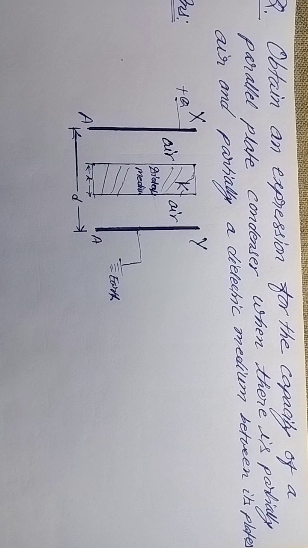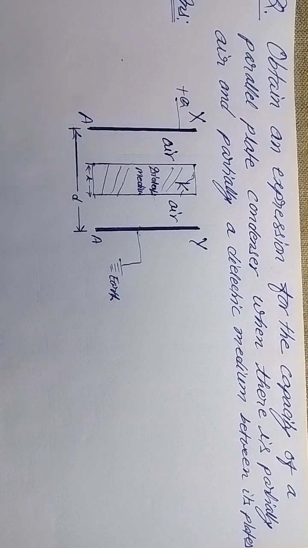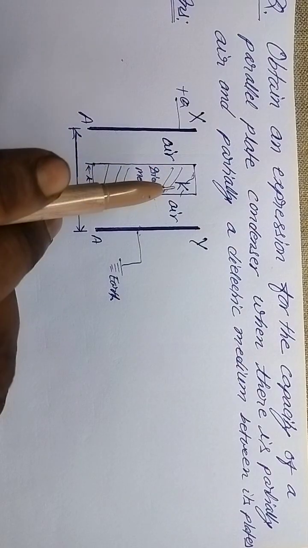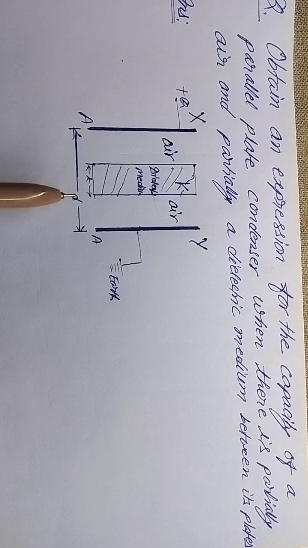Now let's make two parallel plates X and Y like this and put a dielectric medium with constant K inside it. Thickness should be considered t and the distance between the two plates, let it be small d.